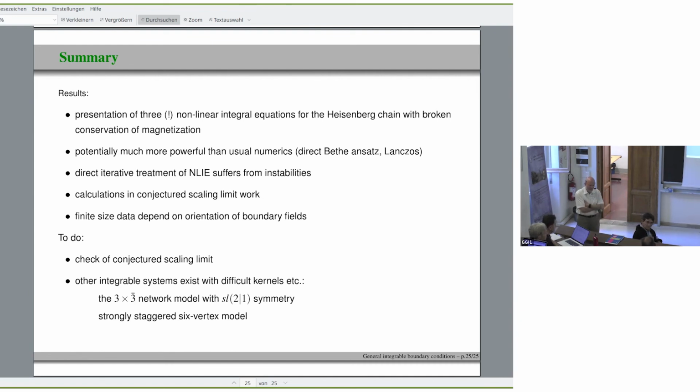You need the inhomogeneous term to solve this equation. You didn't try to solve it without, because you can also obtain this TQ equation without an inhomogeneous term. Yeah, but I think in whatever you do, you get TQ equations which contain a third term.